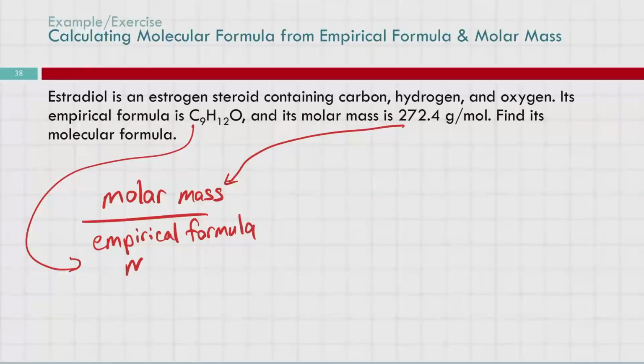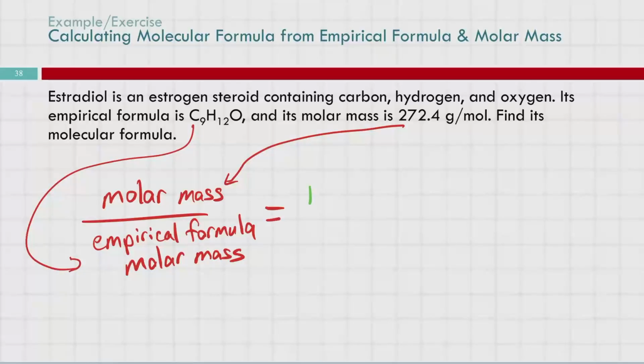And we'll get some number out. That number is what we had called n on the previous slides, and that's the number that we multiply each of these subscripts, the 9, the 12, the invisible 1. We multiply all those by that number to get our molecular formula.